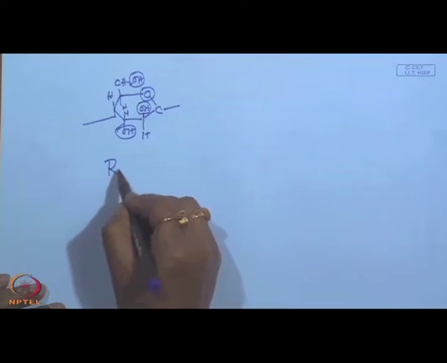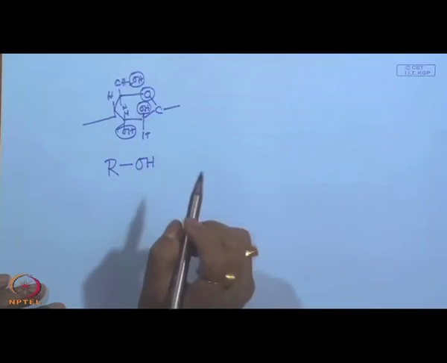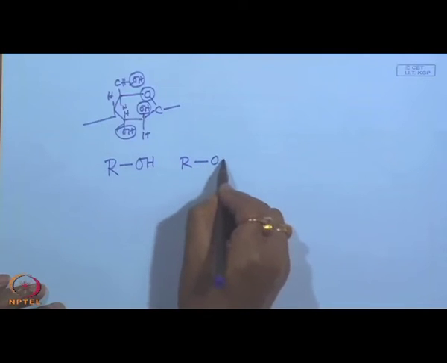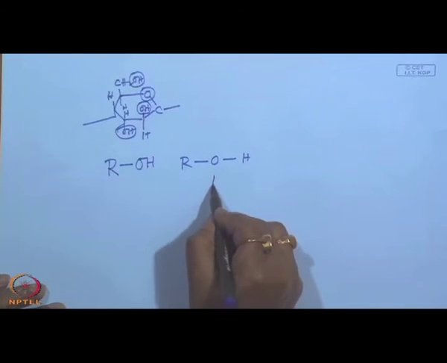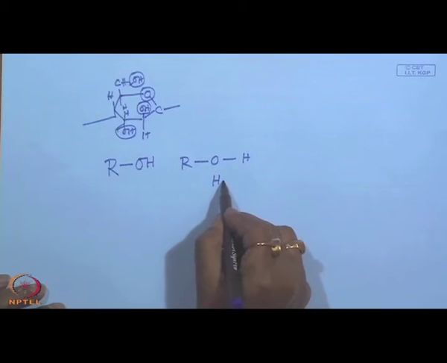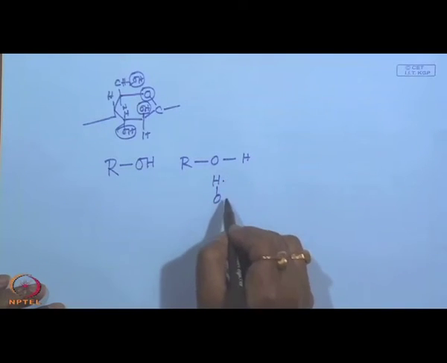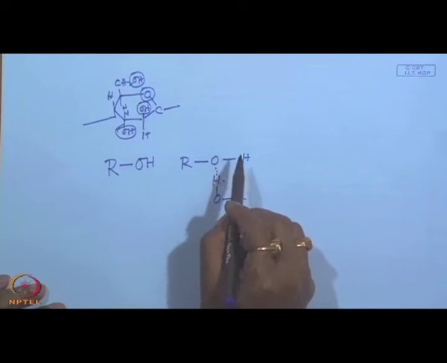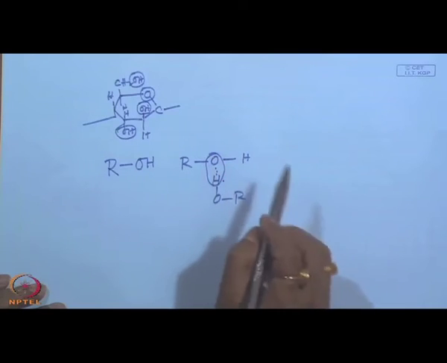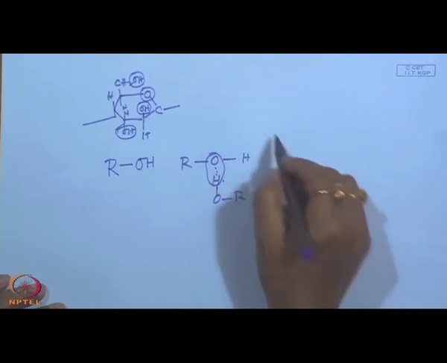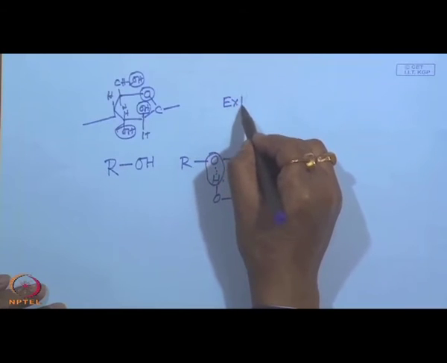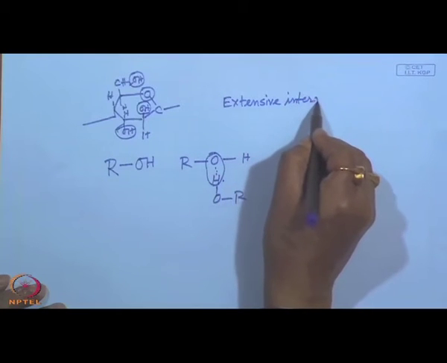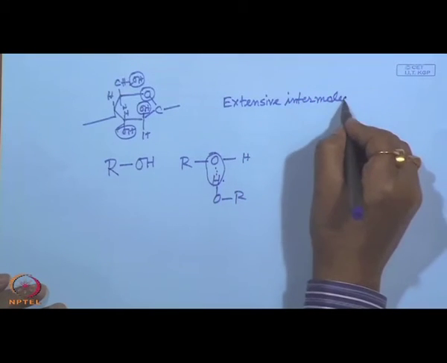So, if we represent this cellulose as ROH, then another ROH can be written this way. This oxygen and hydrogen can initiate the hydrogen bond. So, in case of cellulose there are extensive intermolecular hydrogen bonds.